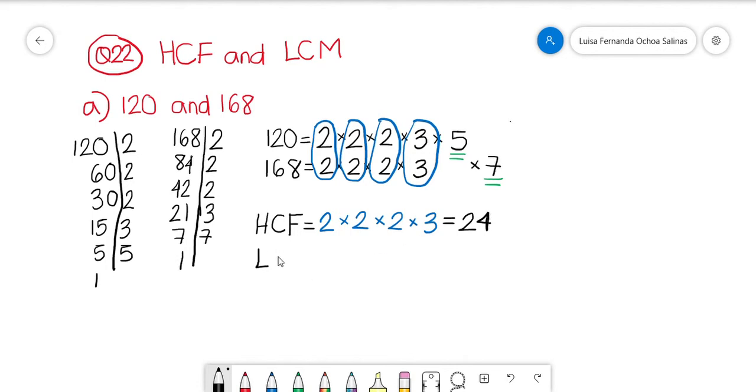Then to find my lowest common multiple, I have to use the ones that are common and the ones that are not common. If I use the blue to show the ones that are common, it's 2 times 2 times 2 times 3, and then the ones that are not common are times 5 times 7.